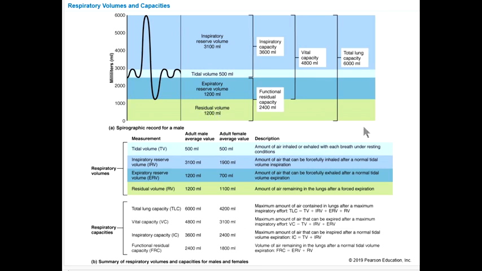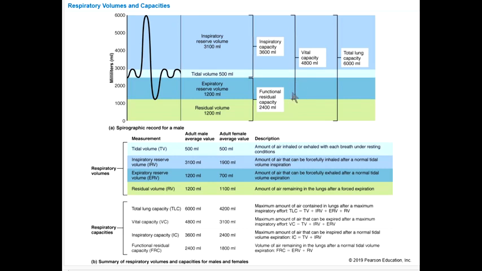So our total lung capacity are all of these volumes of all four of these colors, all added together for our total lung capacity of 6,000 milliliters, or 6 liters, another way to say that. Now we have some other measurements here that we can use, something called the vital capacity.